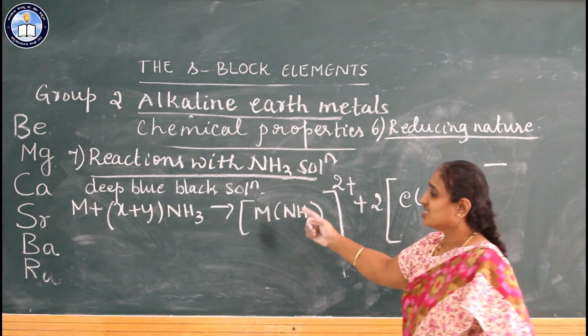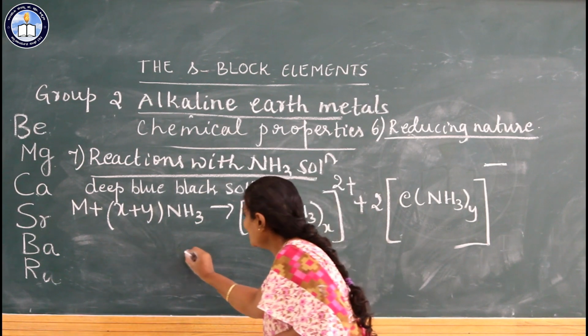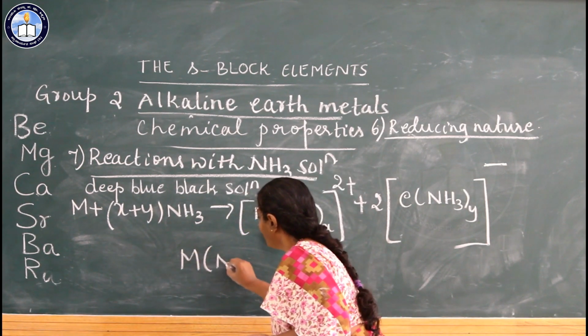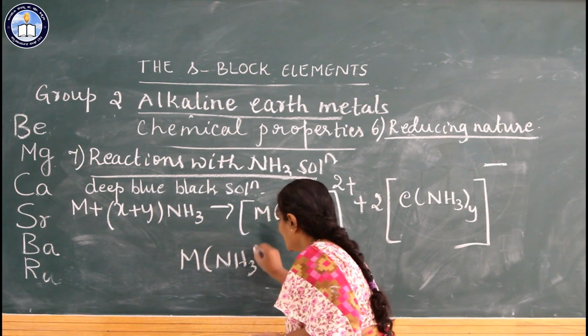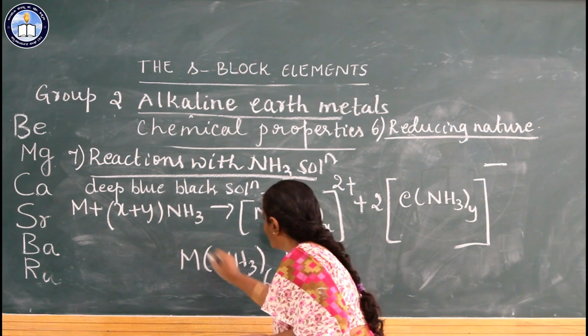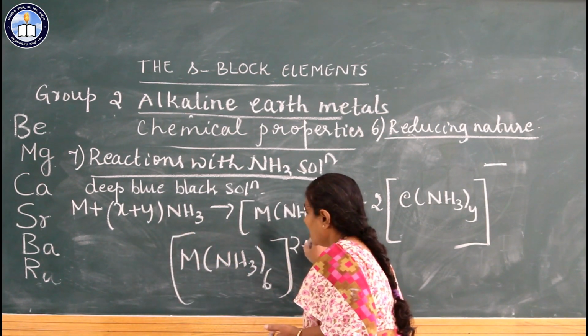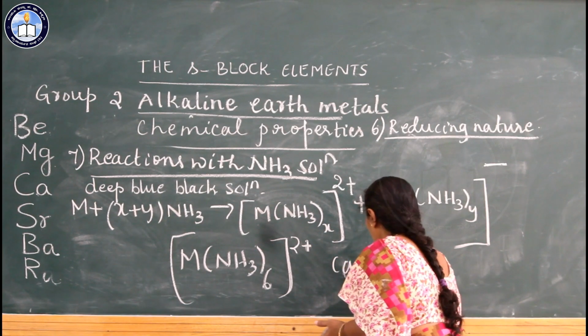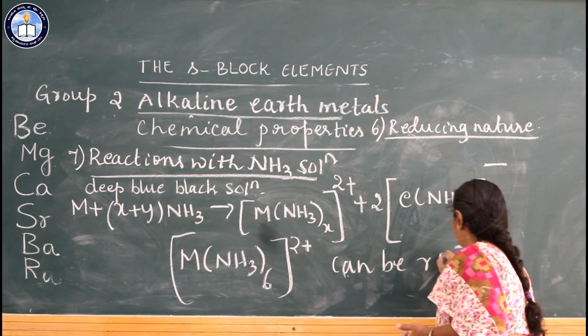So from these solutions, ammoniates having the formula M(NH3)6 2+ ions can be recovered.